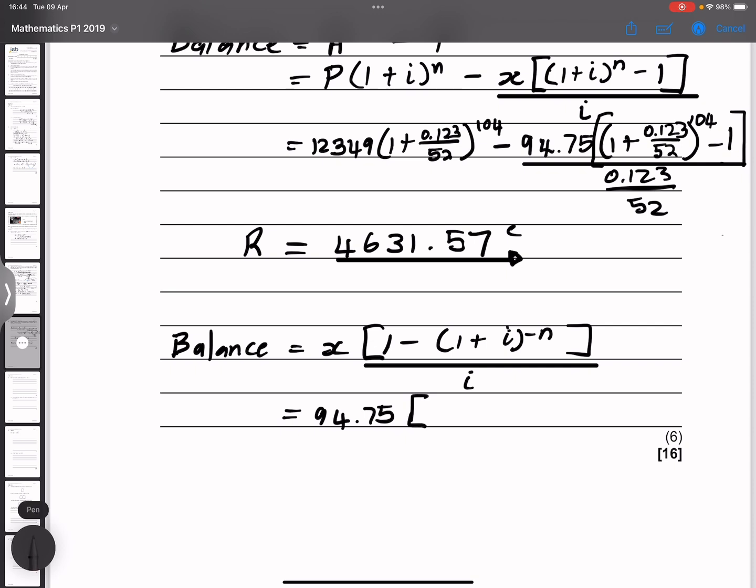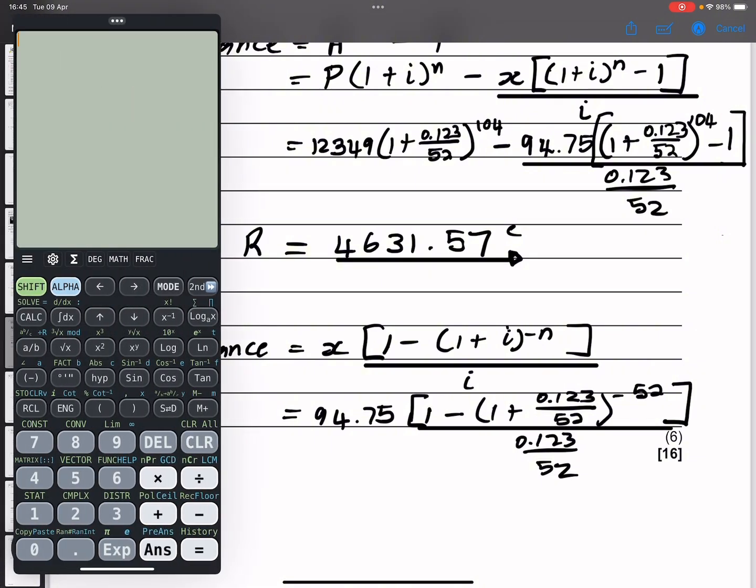That's 1 minus (1 plus 0.123 over 52), exponent minus 52, because those are the months that are outstanding, right? So this is divided by 0.123 over 52. Now let's check and see if we'll be able to get to the same answer.